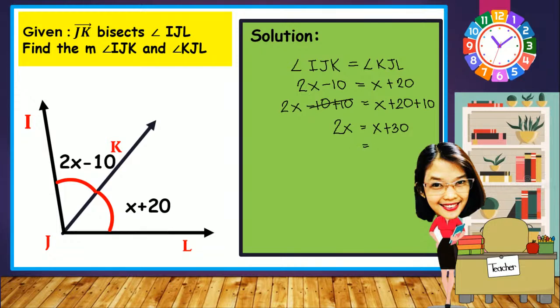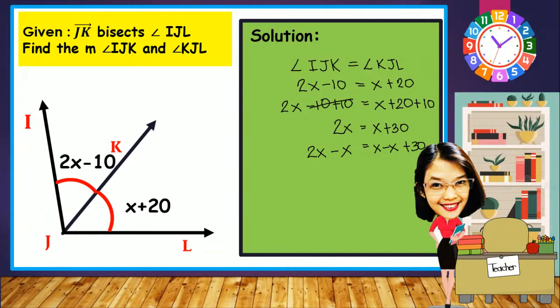So, para matanggal yung x, then you have to subtract x. X minus x plus 30. So, kung ano yung ginawa sa kanan, gagawin sa kaliwa. So, 2x minus x. Again, kailangang mawala yung x. That's why you subtract x.